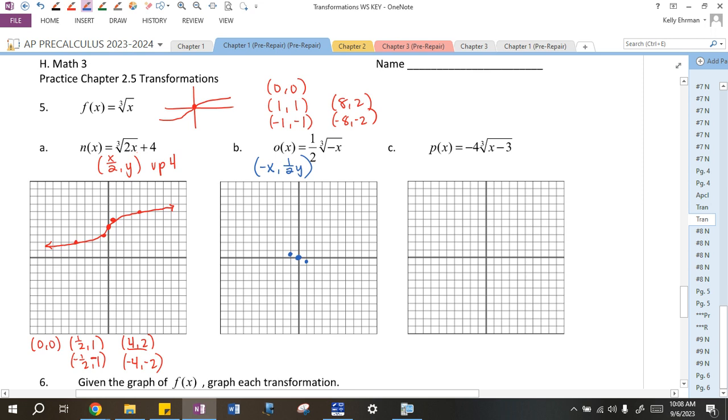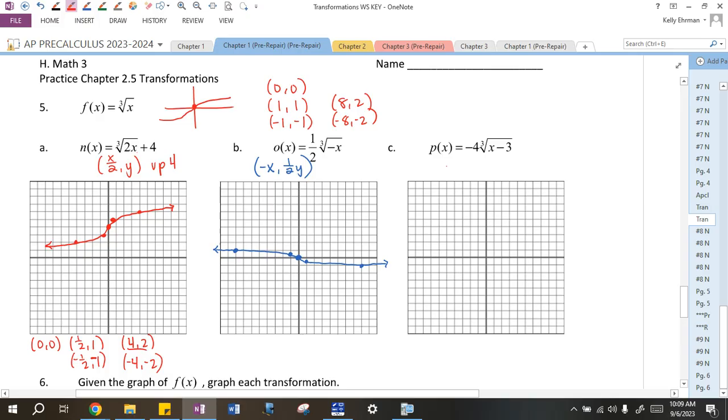I'm going to get negative 8 and positive 1, and positive 8, negative 1. This is a vertical shrink and a y-axis reflection to turn the graph around.